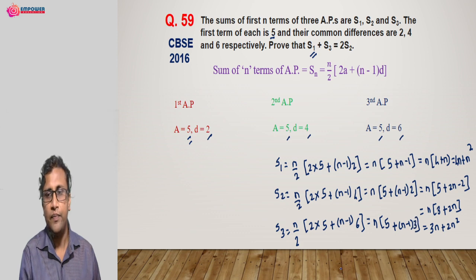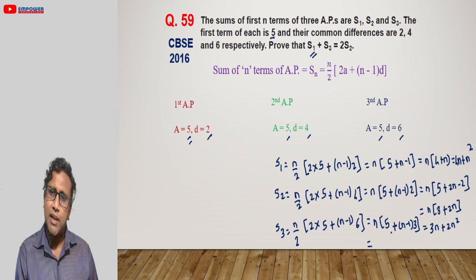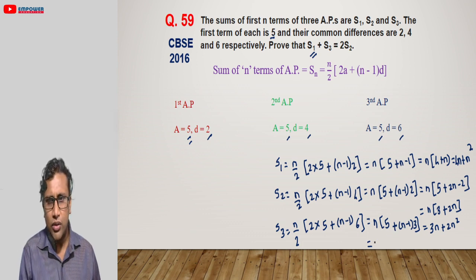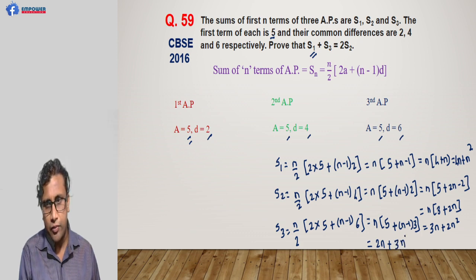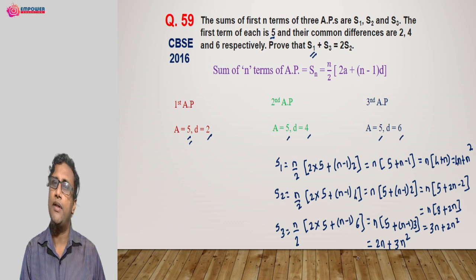What happens here? This becomes 2 plus 3n. So finally this will become 2n plus 3n square. So we got the three formulas S1, S2, S3.